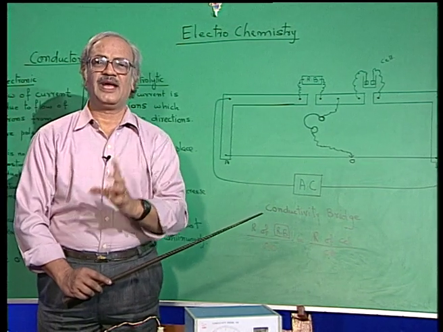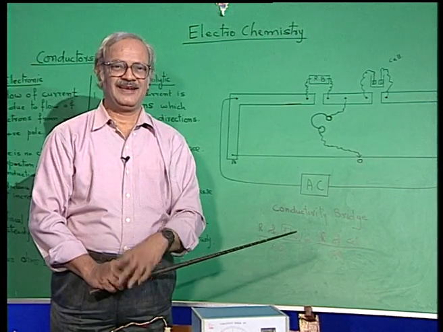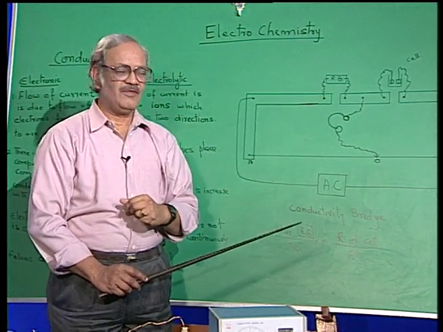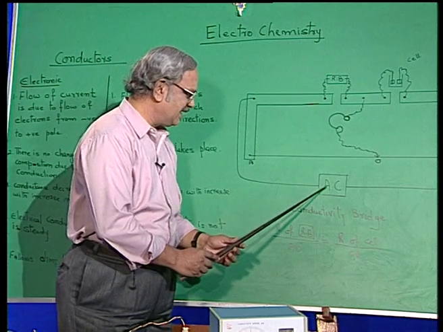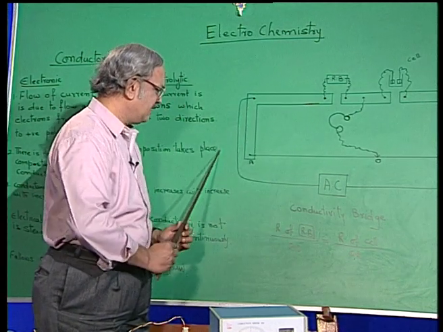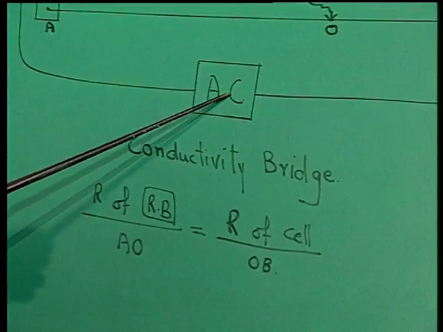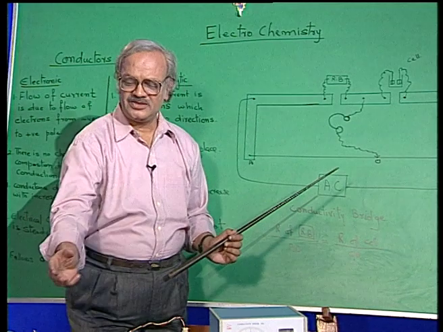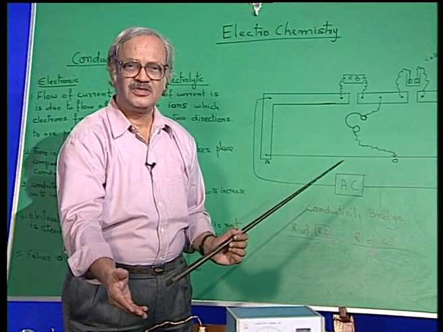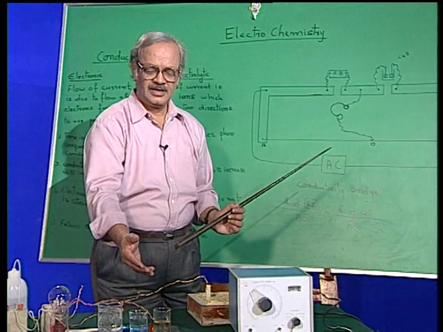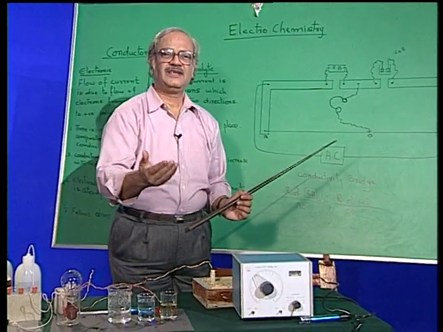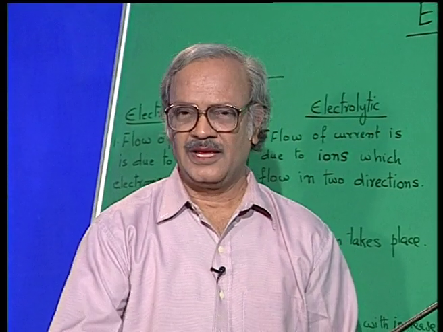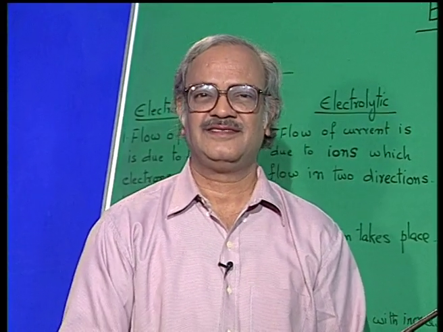Normally you would have a galvanometer and you see the null deflection. However, you have seen in this particular case it is connected to AC, an alternating current source, because if you have the direct current source, before you start determining the resistance, the substance will start dissociating and ionizing, and thereby you will never get a steady resistance.